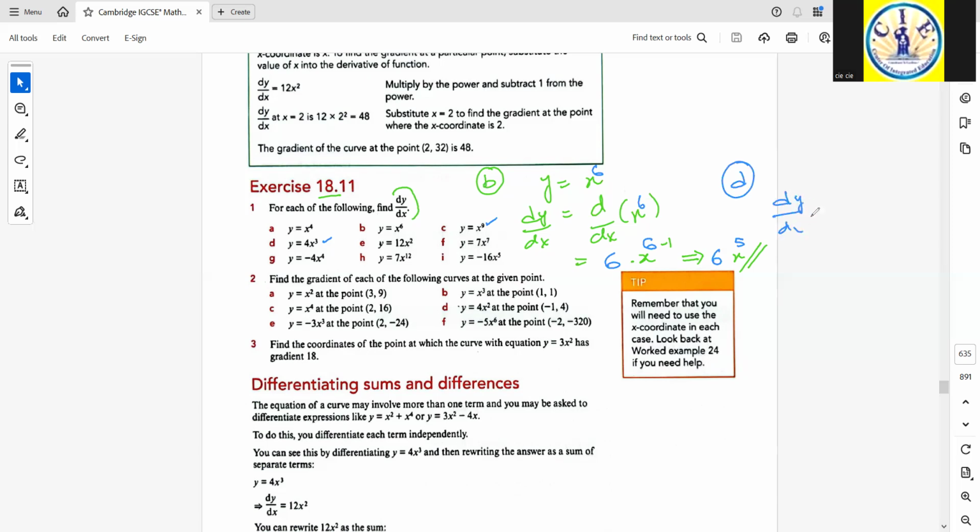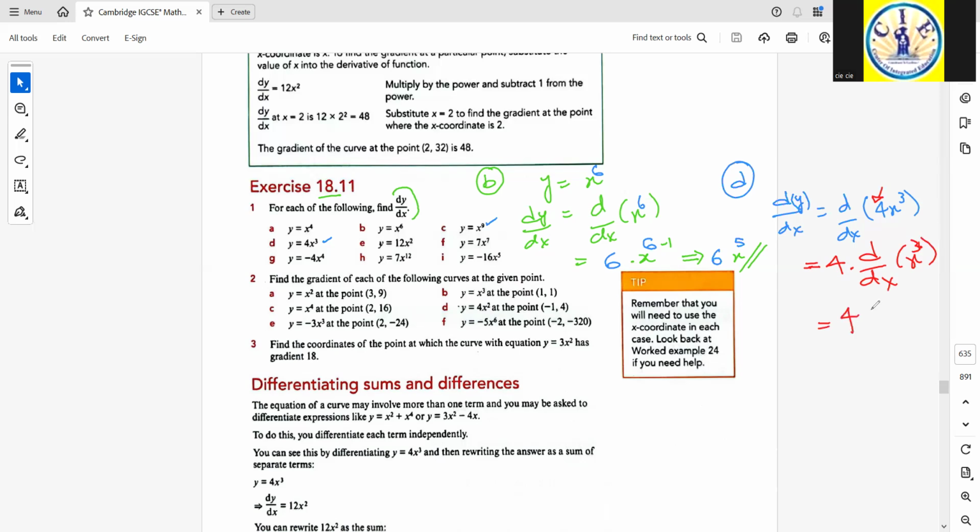Same goes for part D now. dy by dx will be equal to d by dx of 4x cube. I've just written that I'm going to differentiate both sides with respect to the variable x. Now, this coefficient 4 would be written intact, and now we need to differentiate x raised to power 3.